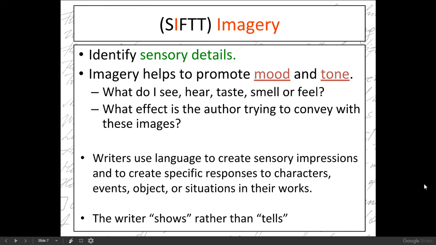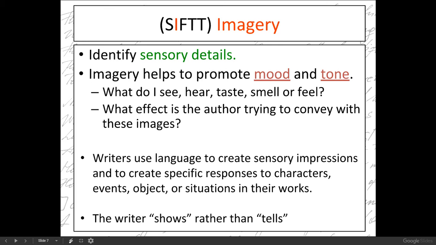The I stands for imagery. We've already discussed imagery. It is sensory details using your five senses: see, hear, taste, smell, or feel. It often promotes the mood, how the reader is feeling, and the tone, how the author is exhibiting feelings through the characters. What effect is the author trying to convey with these images?